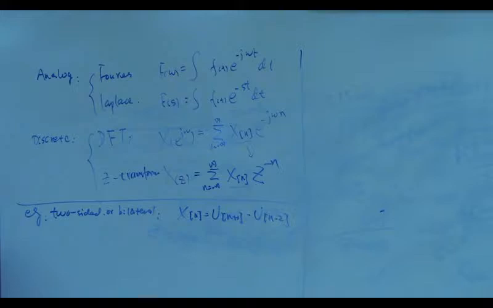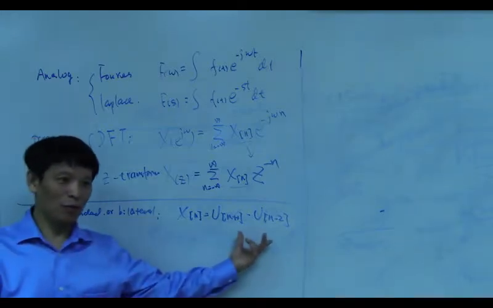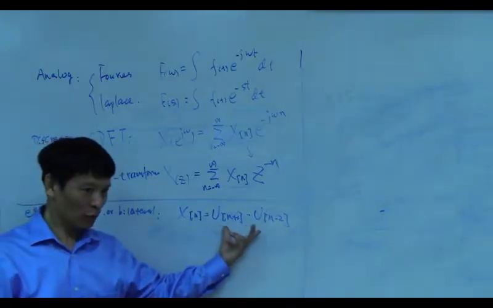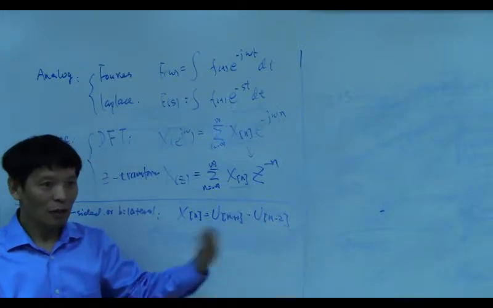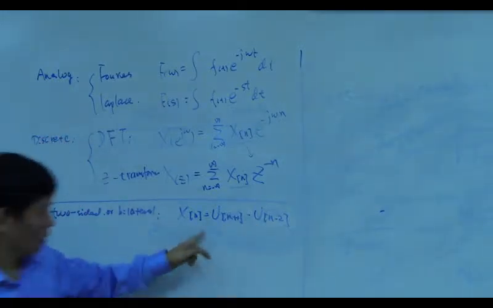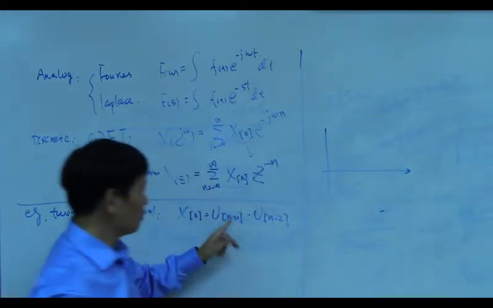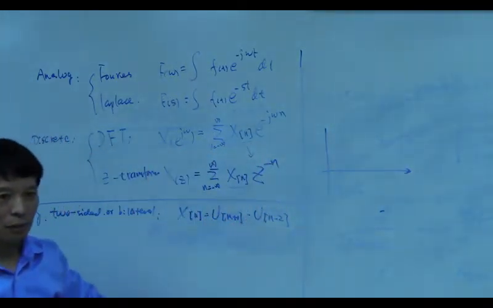Who wants to try first? I'll give you a hint. It is better to draw this signal first. We know how to draw signals from the first chapter. We draw this signal first to give us a better vision of what it is. So how do we draw u[n+1] minus u[n-2]?